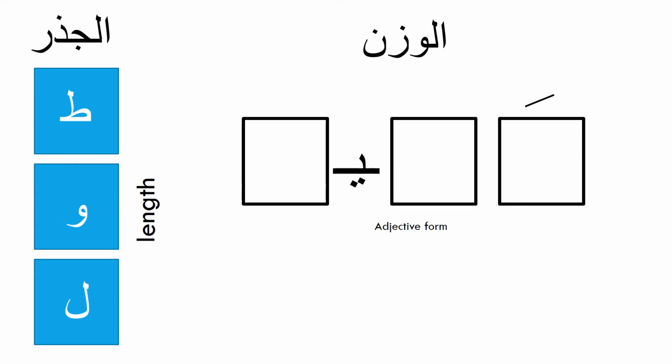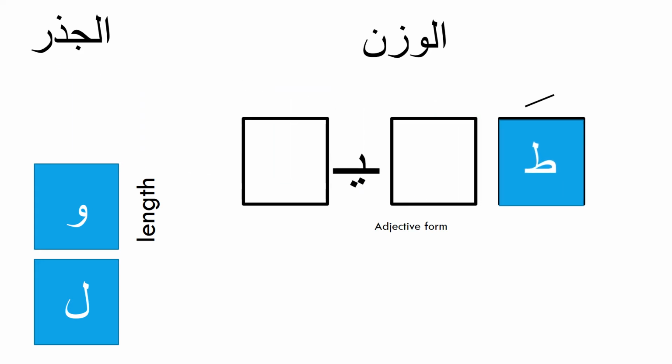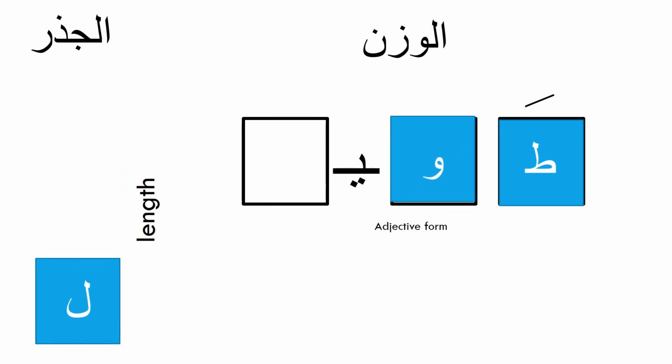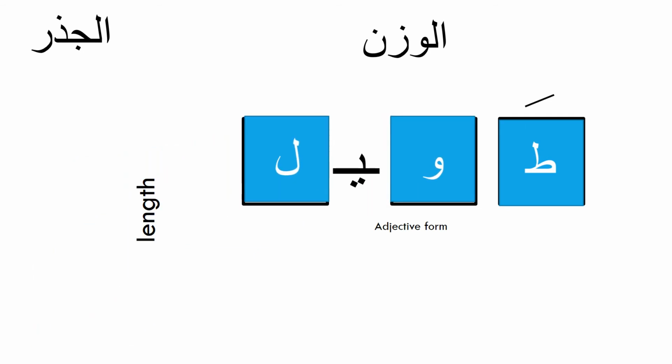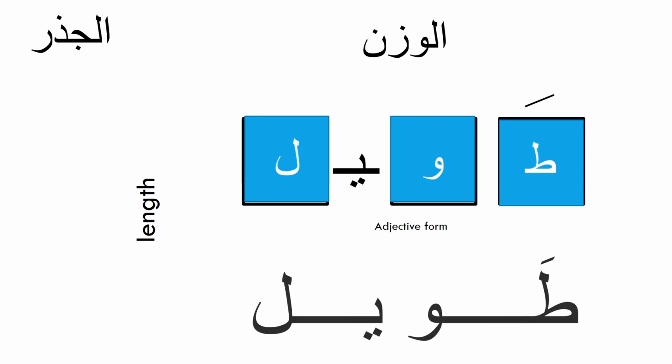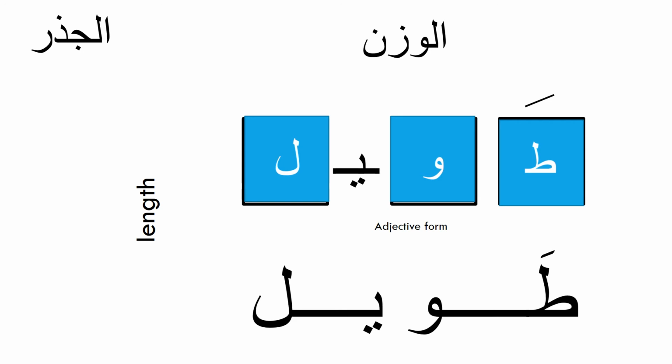So here we're going to take this jadr and slot it into our nice wazn, and we're going to make an adjective that way. So we go ta, wa, la. They go into those slots in order, just like a little template, almost like you're making a piece of IKEA furniture. You put things in the right place, and we have tawil, right? Very simple. We know this word, but now we understand the two parts that make it up. The jadr, which is these consonants by themselves, gets slotted into our template, which is the wazn, and we have a kalima, a word.